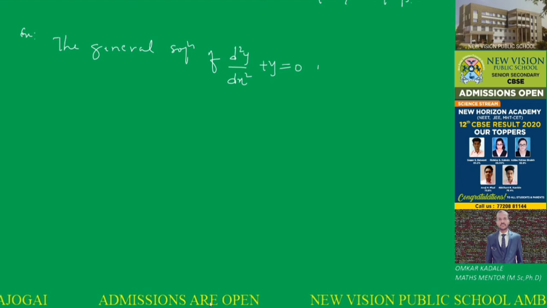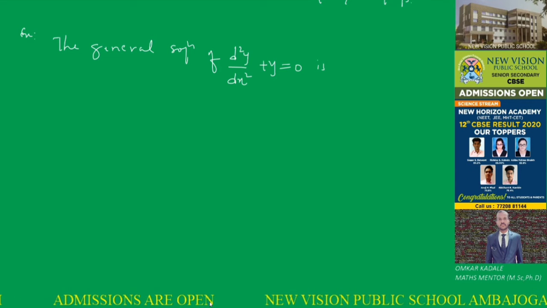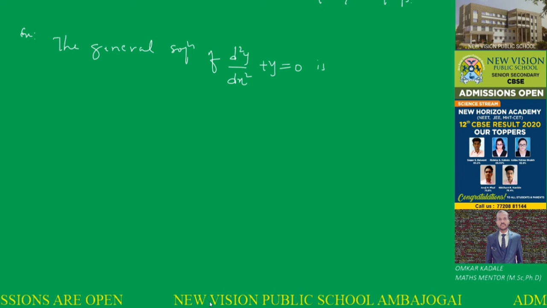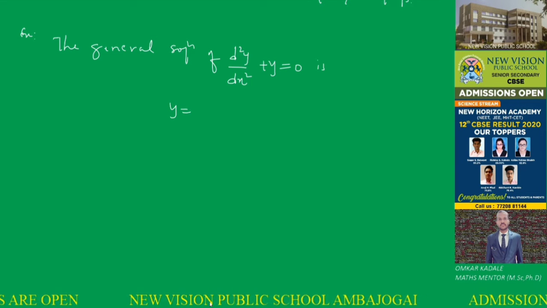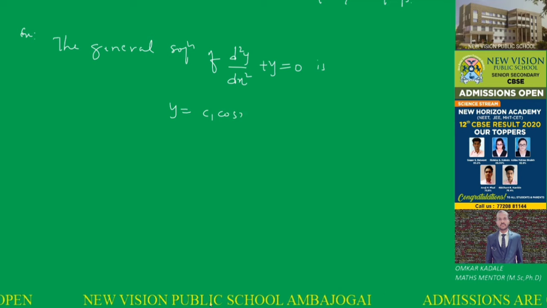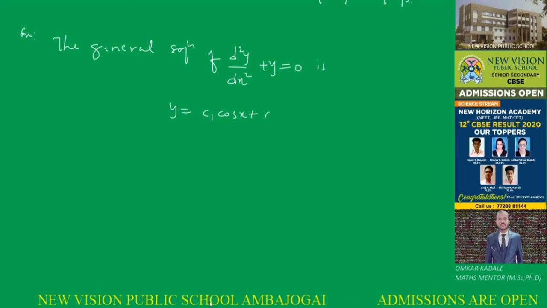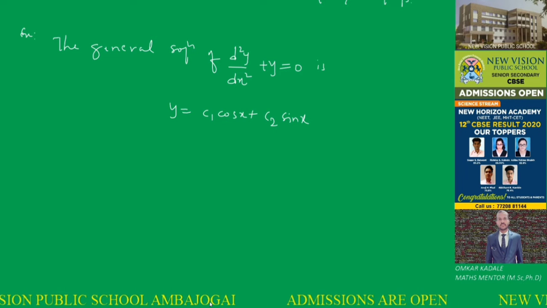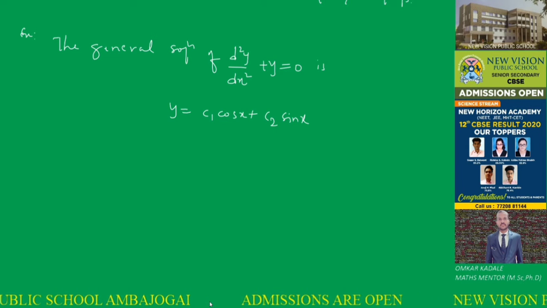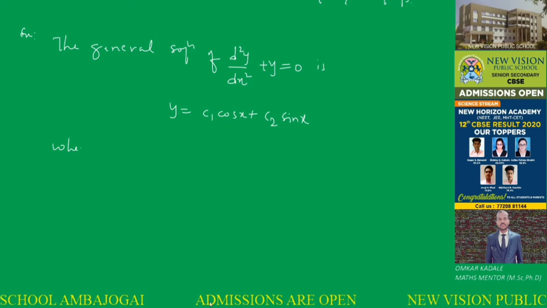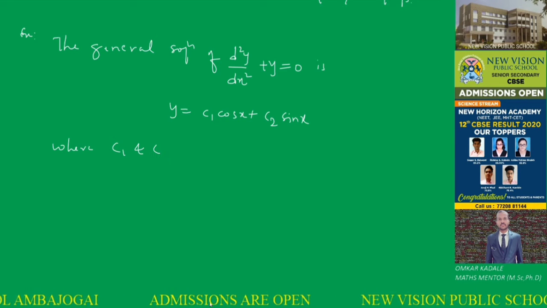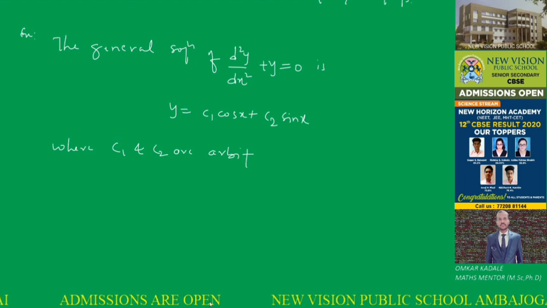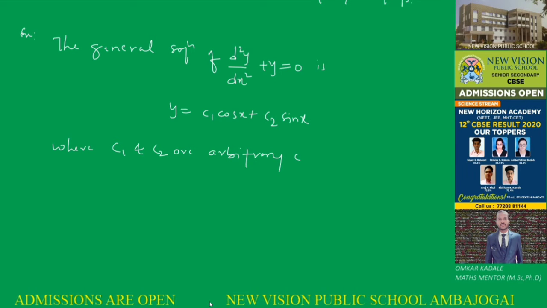The general solution of d2y upon dx square plus y equals to 0 is y equals to c1 cos x plus c2 sin x, where c1 and c2 are arbitrary constants.